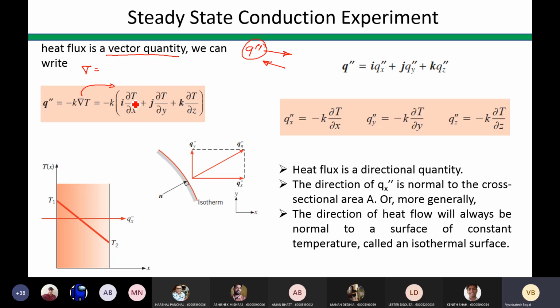So dou T by dou x is the temperature gradient along x direction. Multiply this by the unit vector along x direction, which is i. Same way similarly for y and z direction, right? So note down this expression: q double dash is equal to minus k into bracket i dou T by dou x plus j dou T by dou y plus k dou T by dou z. Noted?